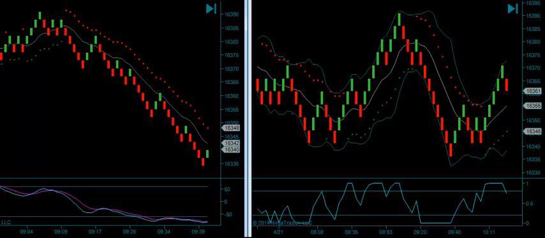So the next thing I want to do is discuss the trade setups. Let me make a quick screen print of these two charts so I can mark on them.